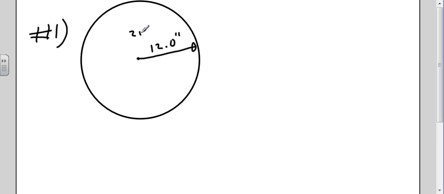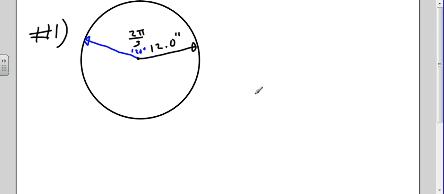Now, the whole question is written in English, right? That's a good thing. So 2 pi over 3 would be somewhere over here, like that, because 2 pi over 3 is 120 degrees, would it not? Not that we care, because we're solving the problems in radians.